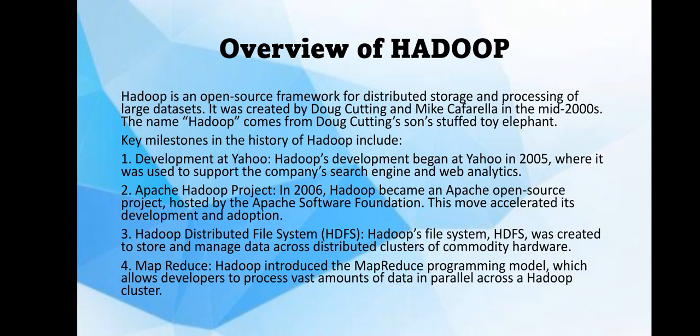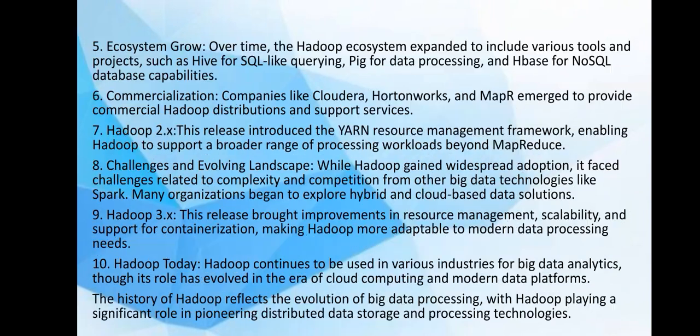Number four, MapReduce. Hadoop introduced the MapReduce programming model, which allows developers to process vast amounts of data in parallel across a Hadoop cluster. Number five, ecosystem growth.